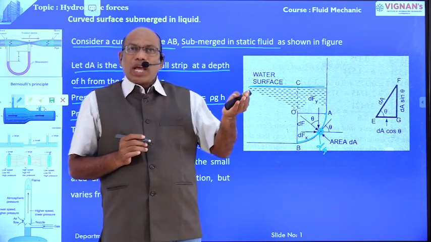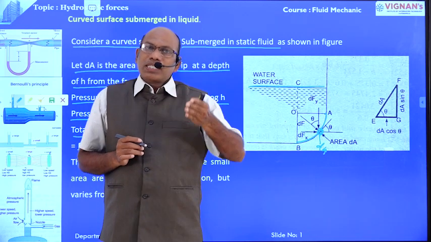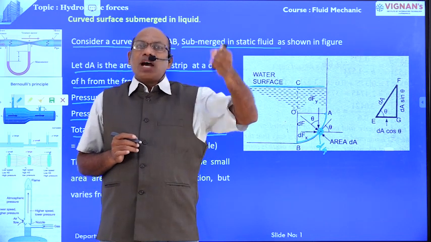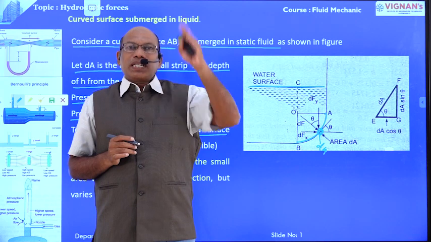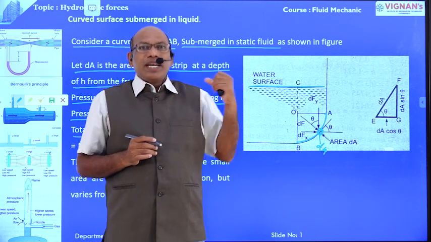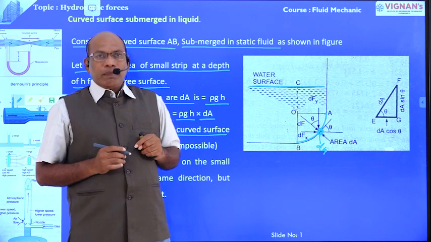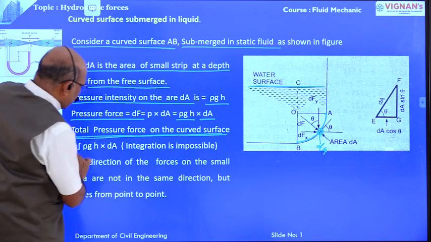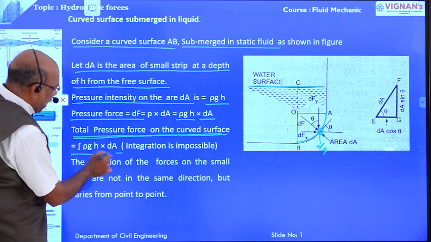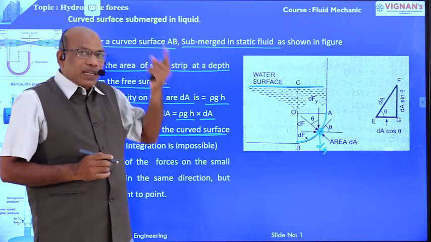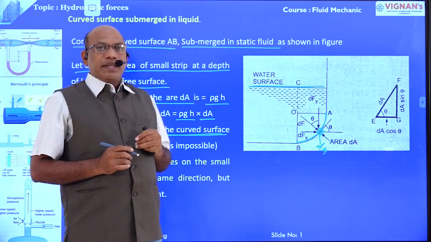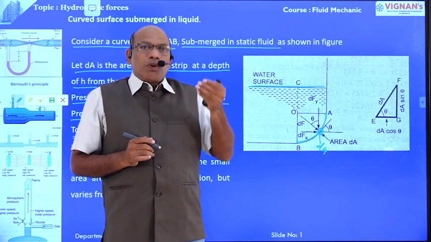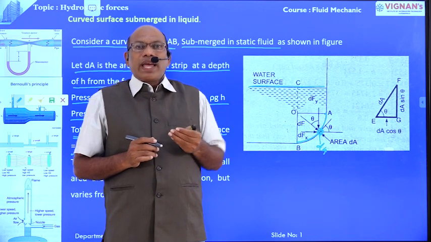Now, the total pressure on the curved surface. In the earlier cases, the inclined surface and the vertical surface, the total pressure on the entire surface is the integration of the pressure on the strip, integral rho g h dA. That formula was used in the earlier case because that is a plane surface. But here that is not applicable, because the integration of the force on the small strips does not give the total pressure force on the entire area.